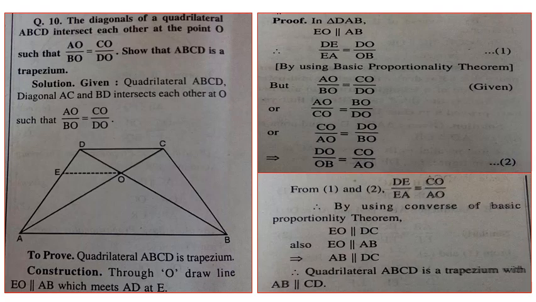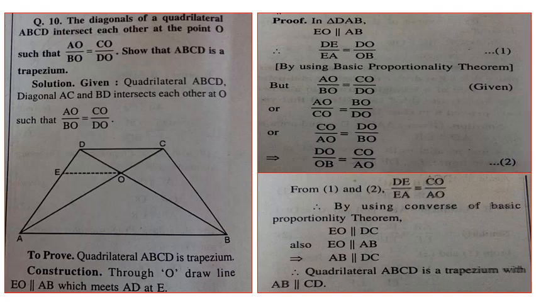Now solution. Given quadrilateral ABCD in which the diagonals AC and BD intersect each other at O such that AO by BO is equal to CO by DO. To prove quadrilateral ABCD is a trapezium.